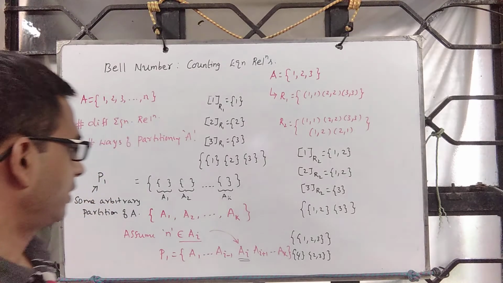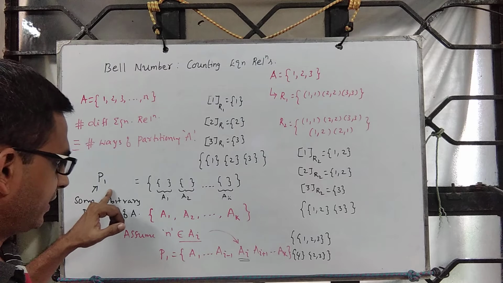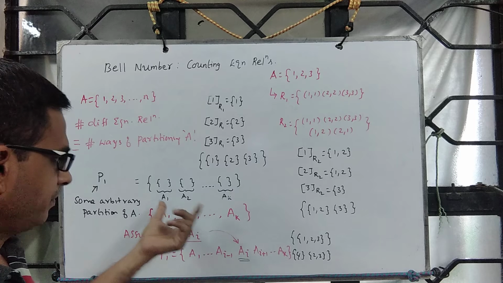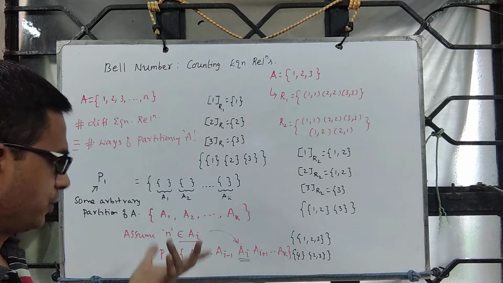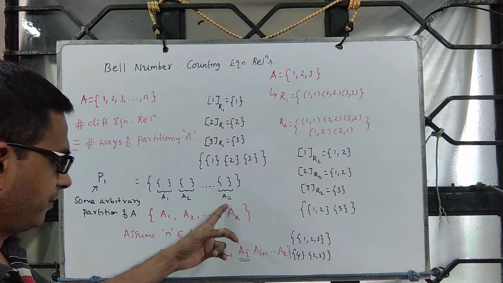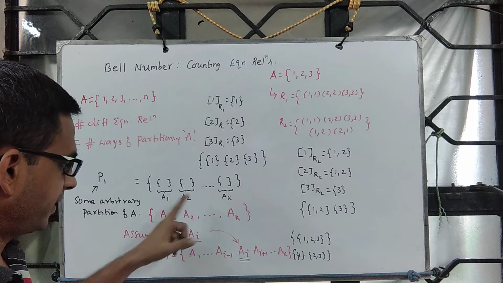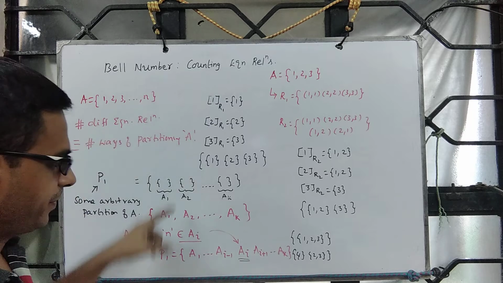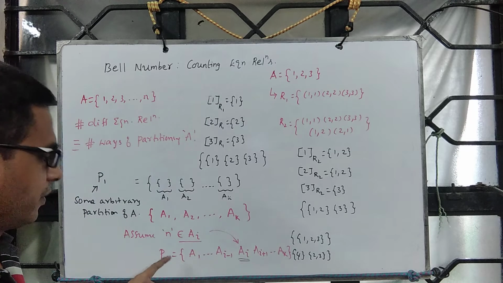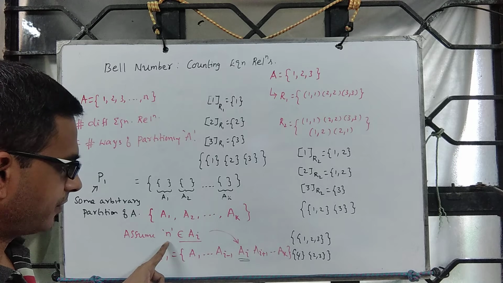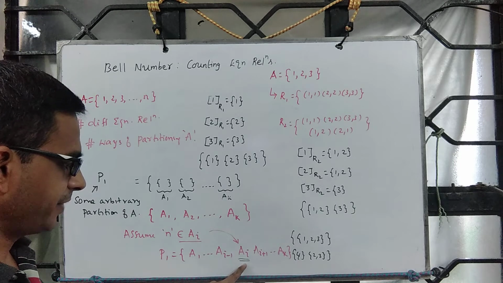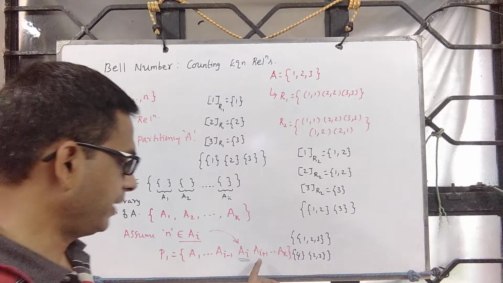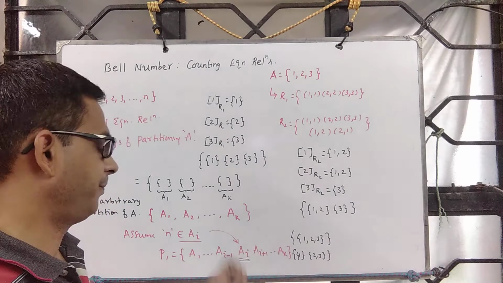Fine. So we are taking an arbitrary partition. We do not know how many elements are present in each subset, and the number of such subsets we also do not know. So we assume there are k of them, and in one of them the element n appears. Because it's a partition, each element appears in some subset. Let me assume n appears in Ai, and towards its left you have A1 to A(i-1), towards the right you have A(i+1), so on up to Ak.